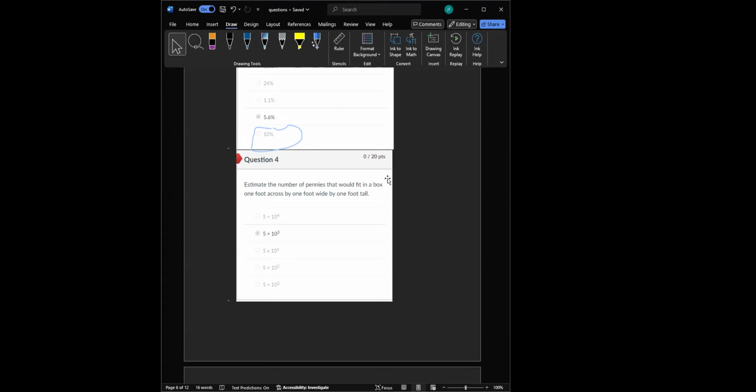So what you need is the diameter of the penny, which I'd estimate to be about 2 centimeters, and the thickness of the penny, which I'd estimate to be about 1 millimeter. Then you say, okay, how many can I fit in a length of 1 foot? The number I can fit in 1 foot is 1 foot divided by 1 millimeter, because that's how thick it is.